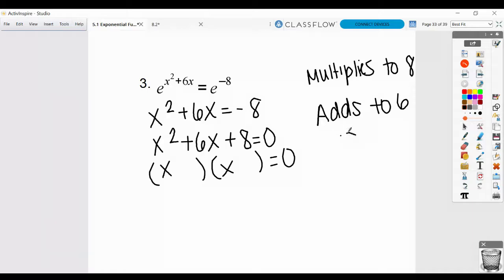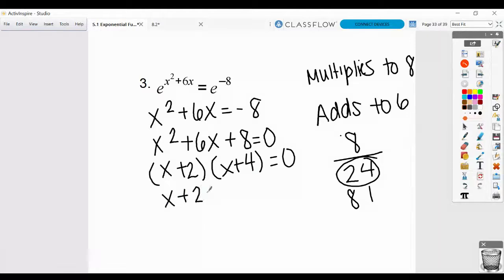So when you do factors of 8, you've got 2 and 4 and 8 and 1. So which one of those adds to 6? It's this one. So you got plus 2 and plus 4. So you set each separate equation equal to 0. And then you get negative 2 and negative 4.